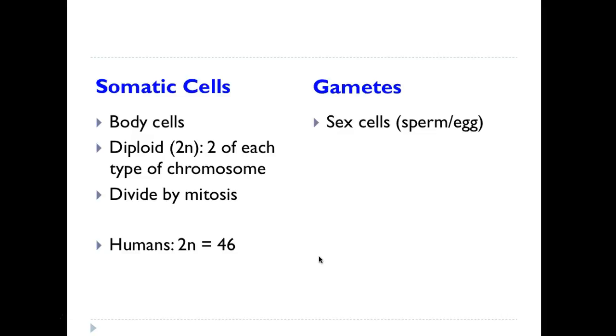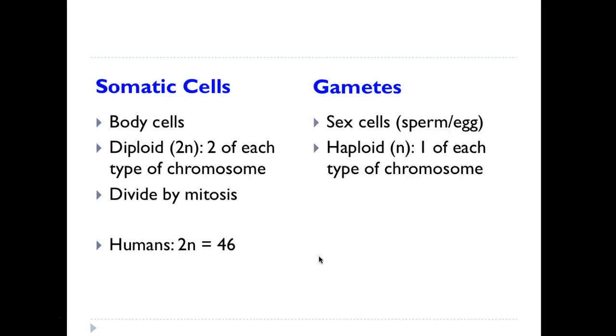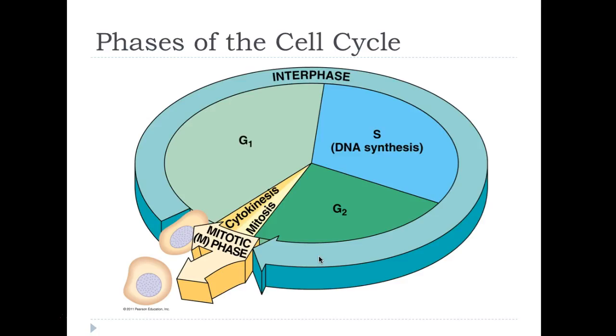Unlike sex cells, which are gametes, the sperm and the egg, they are haploid, represented by just the letter N and not 2N. Haploid cells each have 1 copy of each chromosome, and gametes are formed by the division called meiosis. Humans have 23. So our diploid number is 46, and our haploid number is 23.